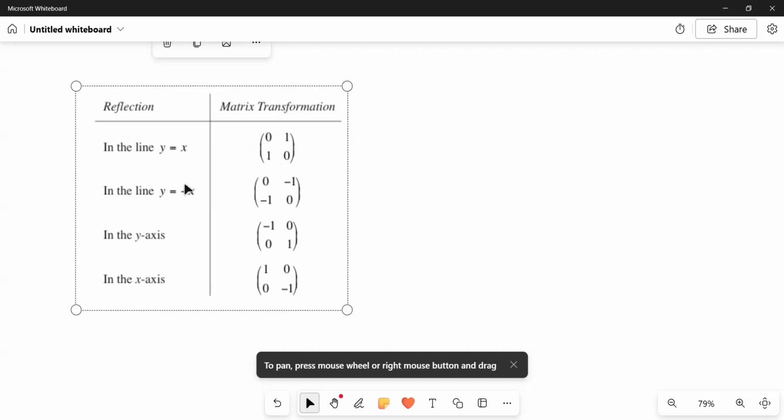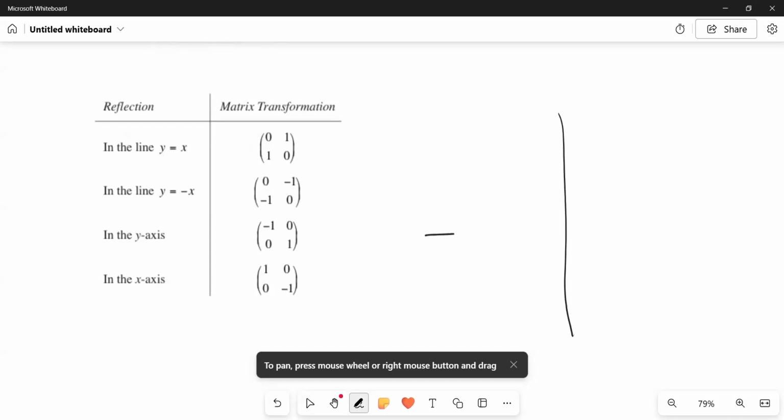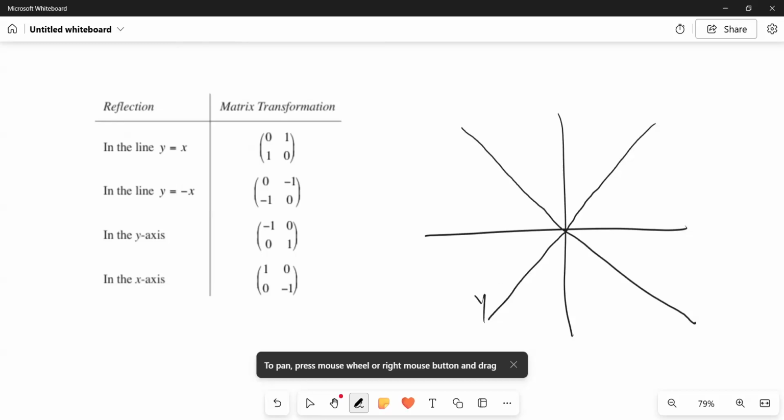But then you can have the line y equal minus x, right? That's the line, if I were to write it, y equal minus x is this line. Just now y equal x was this line, right? This is y equal x. This is y equal minus x. The y-axis, well, you know what the y-axis is. This is the y-axis here, right? And the x-axis.